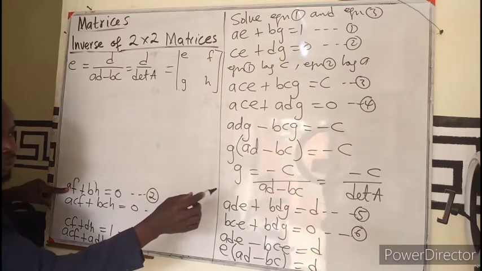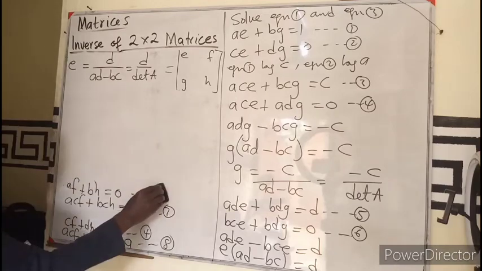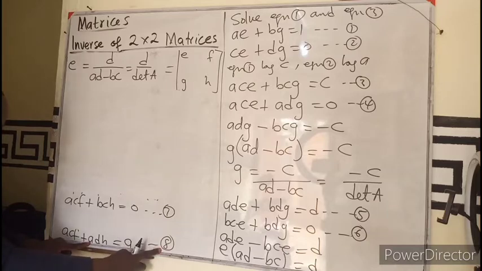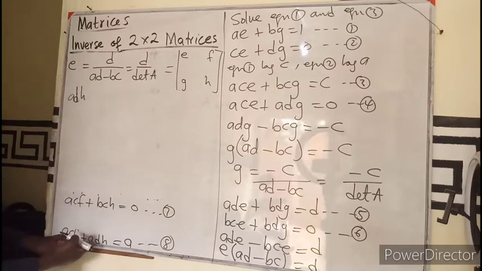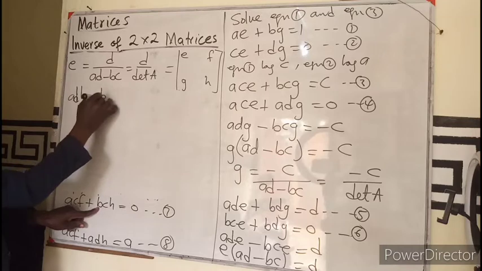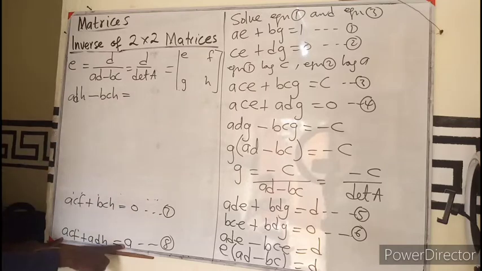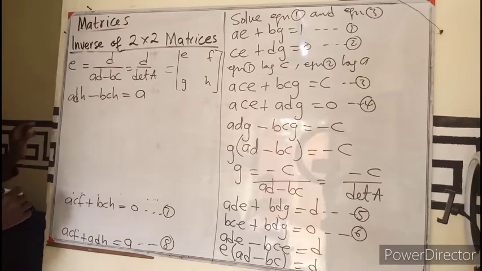So let's say we continue equation 7, equation 8. What will we be seeing? ACF, ACF. If I subtract, they'll go. So let's say equation 8 minus equation 7, we'll be having ADH, which is this, minus BCH equals to, it is this minus this. So I'll be having only what? A. Are you okay with that?